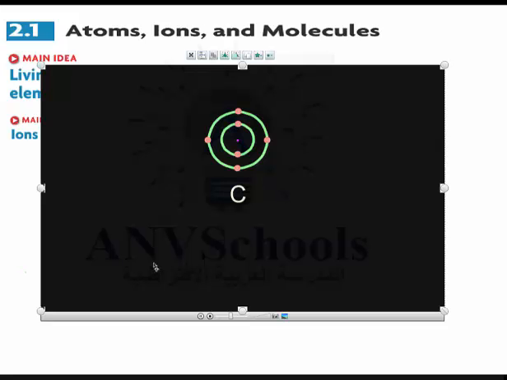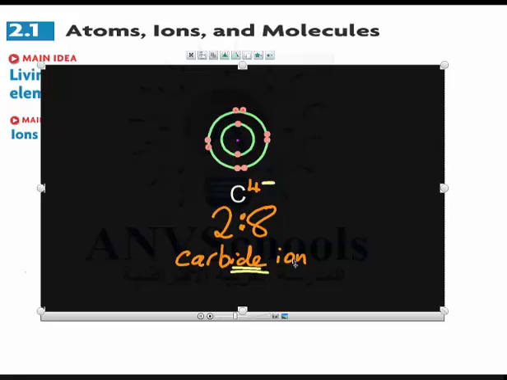We can look at another set here. We are having carbon at the ratio of 2 to 4 or 2 to 8. So the carbide ion has a -4, which means it receives 4 electrons.